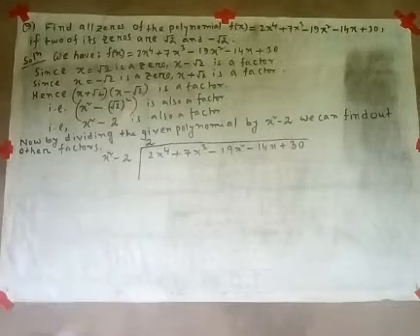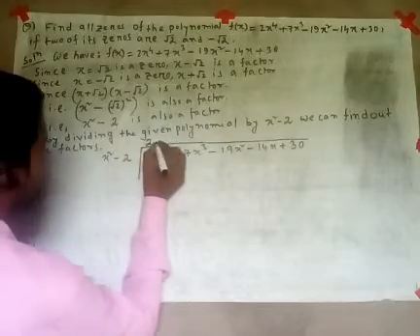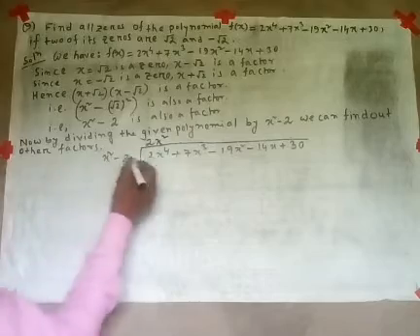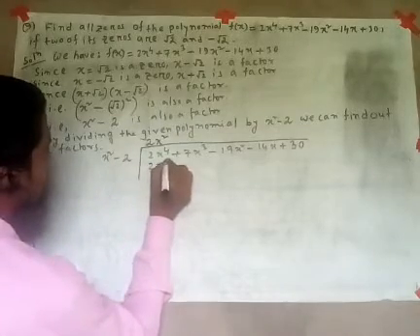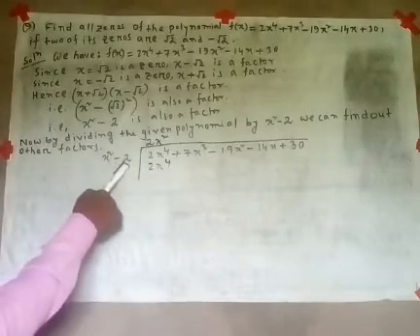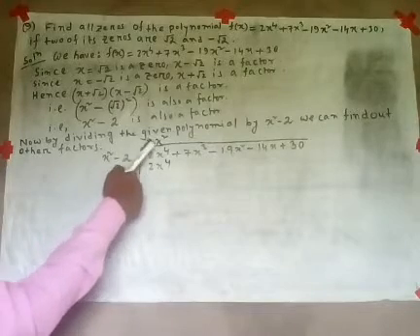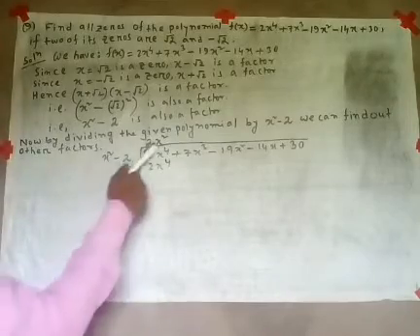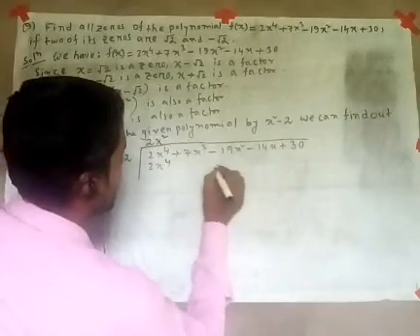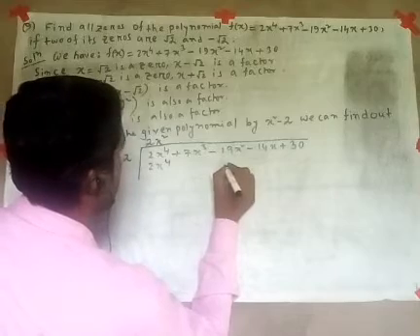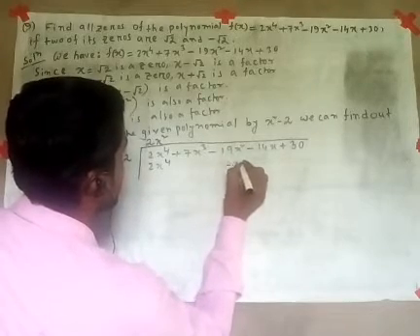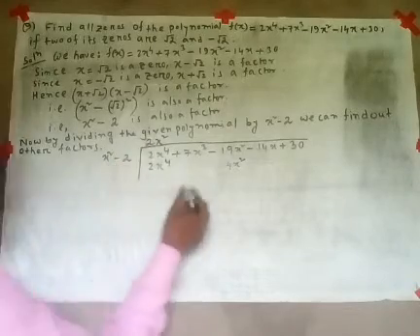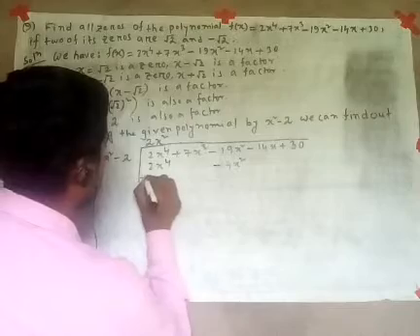So 2x square into x square gives 2x to the power 4, and 2x square times minus 2 gives minus 4x square. Under the x square term we write 4x square, with the sign changed.